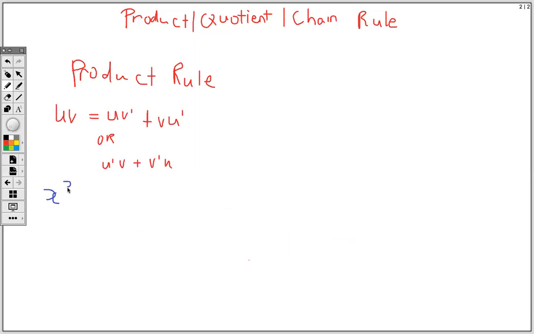So if we have x cubed times x squared minus 1, there are two ways to do this. First way, without the product rule, we can expand.